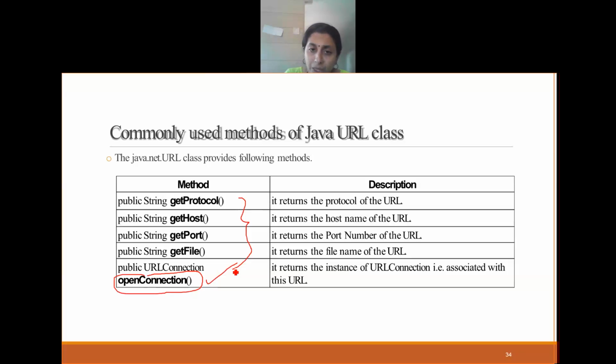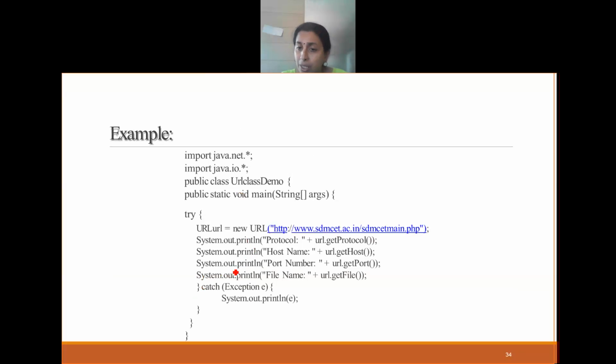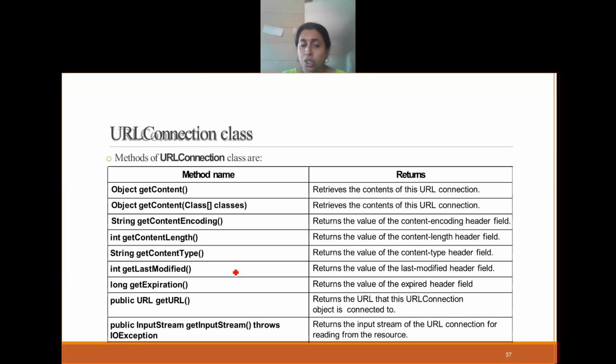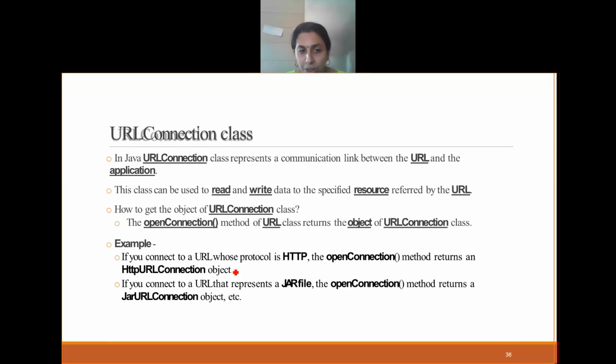Now, an extension of this URL class, I have given this example. I'll show you this example by running the code later on. The extension of this is the URLConnection class, which means many more functions are added afterwards. And even to this, there is something called the HttpURLConnection class, which you have in the jar file.